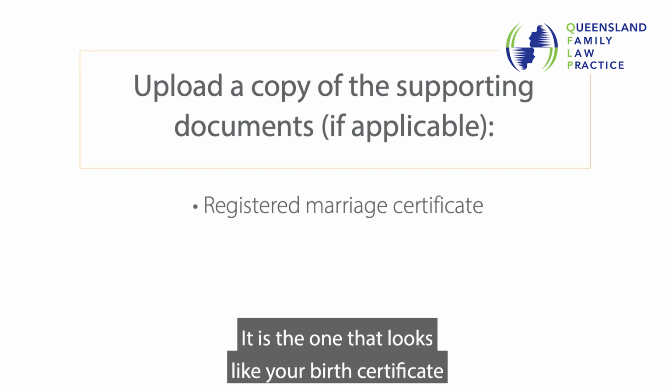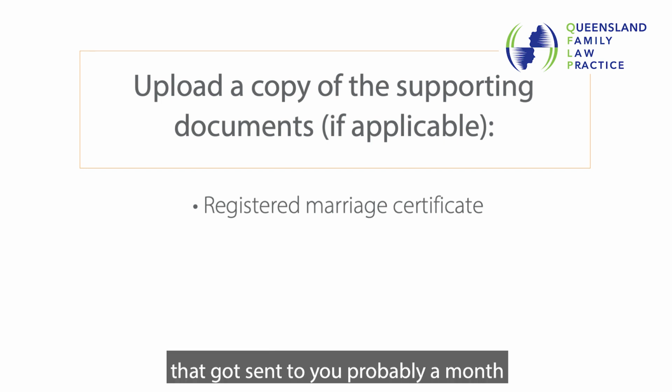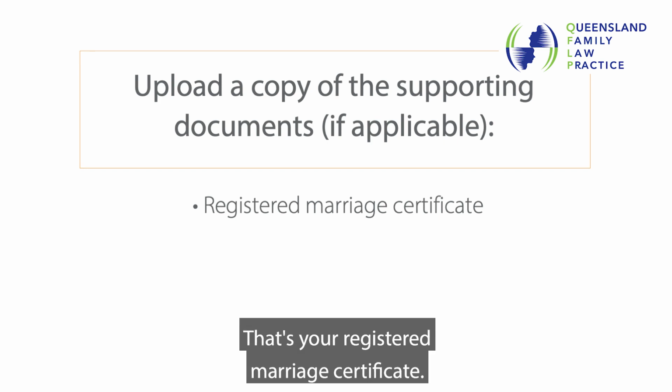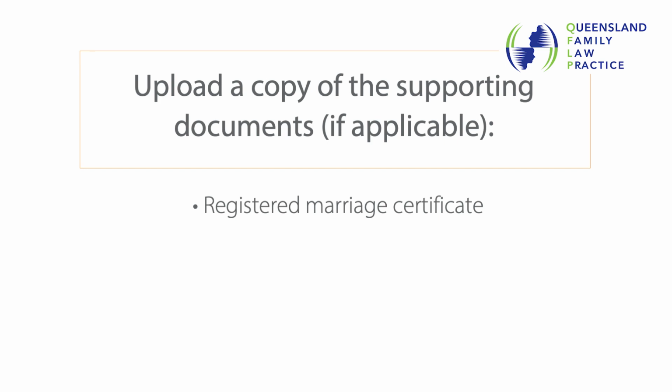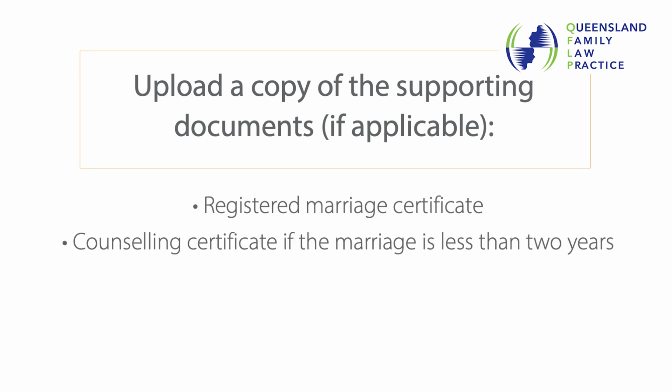It is the one that looks like your birth certificate, that's typed out, that got sent to you probably a month or two after your marriage ceremony occurred. That's your registered marriage certificate. That is the certificate that the court is after, to demonstrate evidence of your marriage.